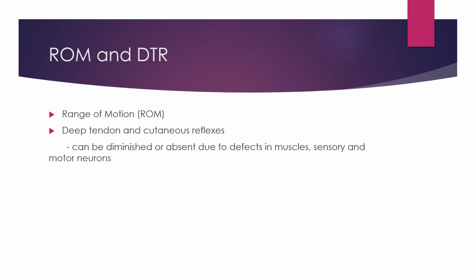And then you also will assess deep tendon reflexes. Deep tendon reflexes can either be absent or diminished, and that is a result of any kind of defect of the muscle, sensory, or motor neurons. A lot of times if patients have an abnormally increased deep tendon reflex, that can be associated with an upper motor neuron lesion.